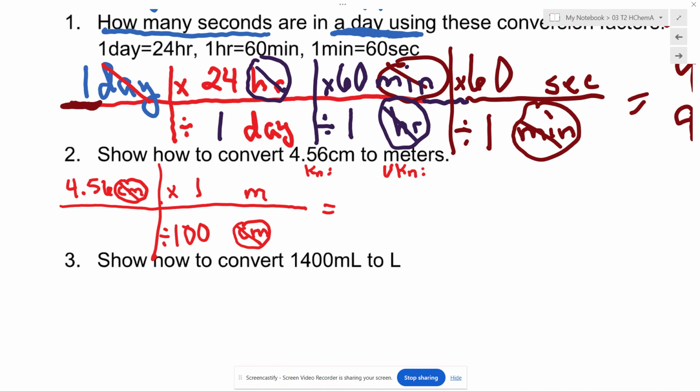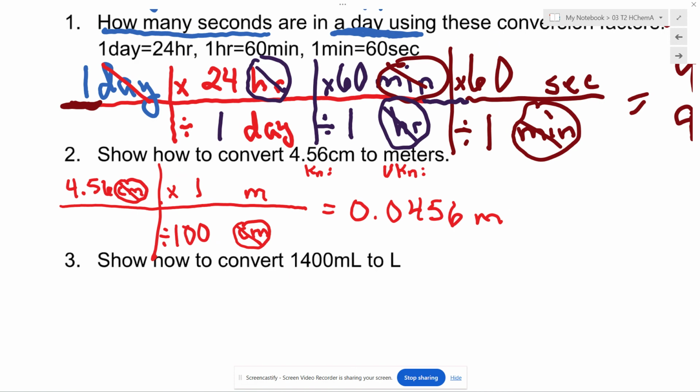I'm going to just change that. There we go. 0.0456, and the unit that is left over is meters. So now I know that 4.56 centimeters is 0.0456 meters.